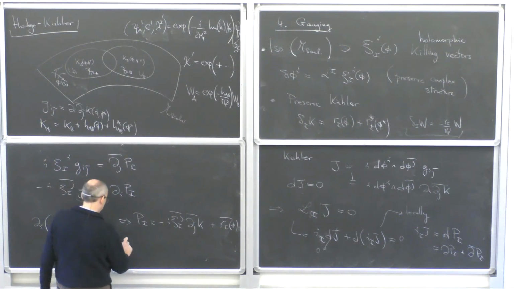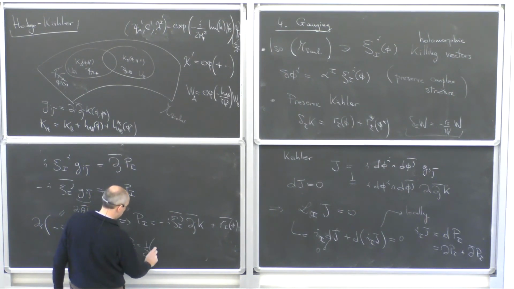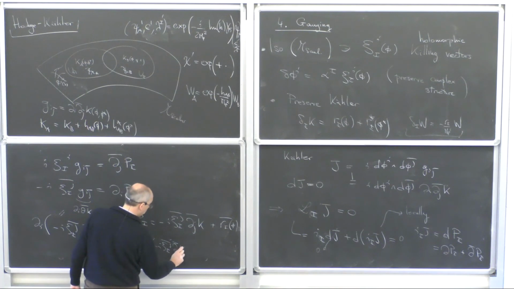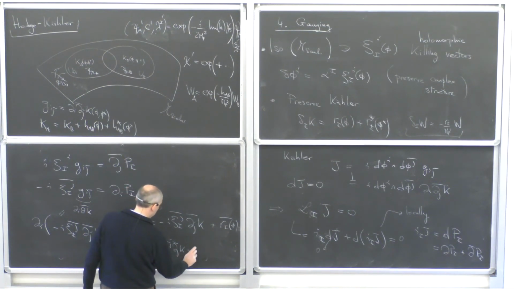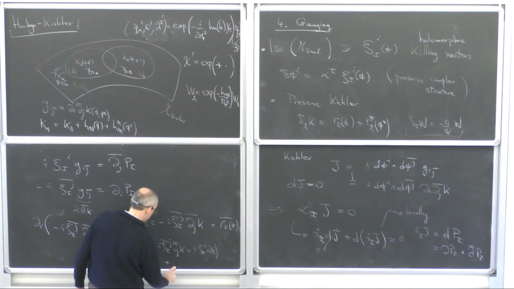which is the fact that these prepotentials can be written as 1/2 minus i psi bar del bar K plus the conjugate, plus I have these functions.